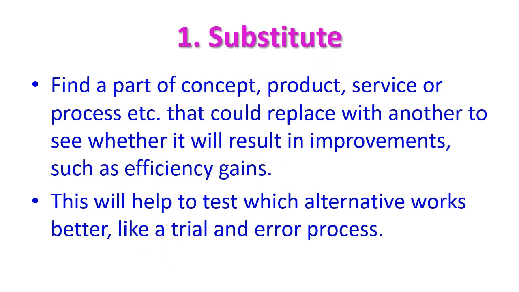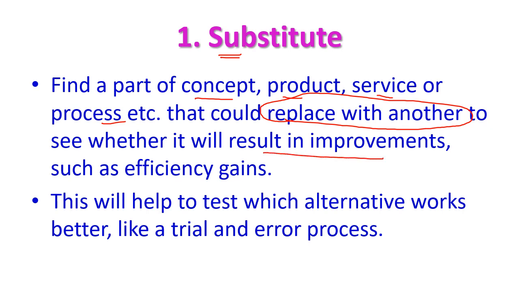The first action verb is substitute. In substitute, we should find the part of a concept, product, service or process that could be replaced with another. Replacing means substituting, to see whether it will result in improvement such as efficiency gain.